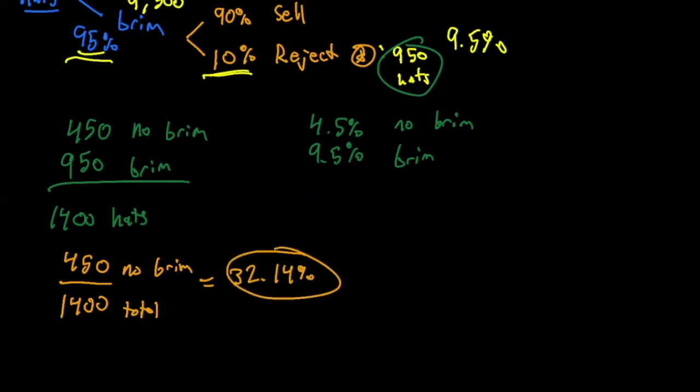We could also use percentages. We could add our percentages up, end up with 14%, and then take our 4.5% and divide it by 14%. And we'll end up with that same number. So what this means is that in that reject pile, only 32%, or a little bit less than 1/3 of the hats, are actually defective.